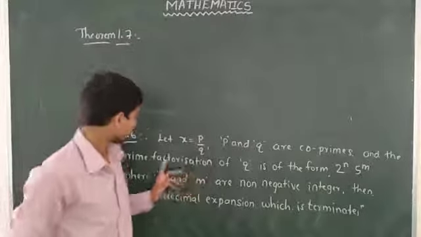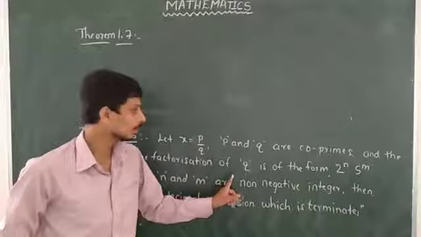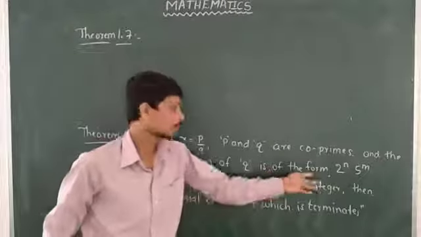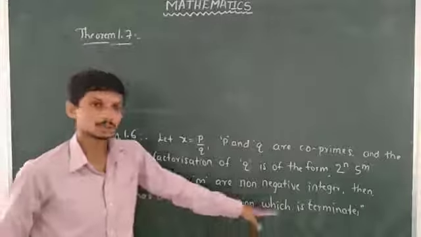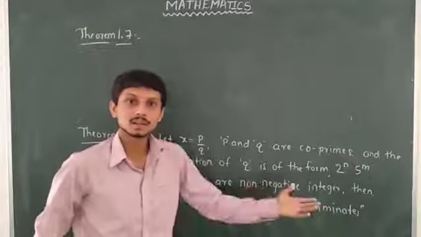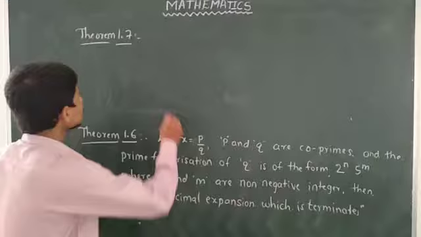When the prime factorization of the denominator cannot be expressed in the form of 2 raised to n and 5 raised to m, then x does not terminate; it's a non-terminating decimal.